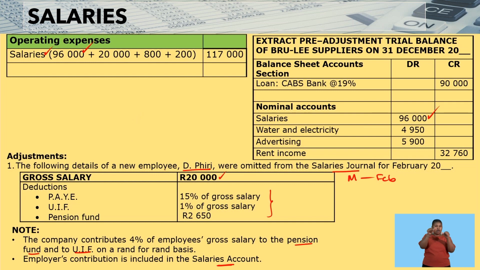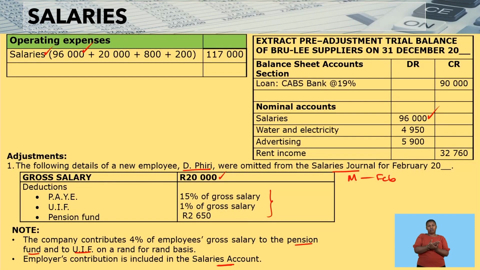Now I'm being told a new employee has details that were omitted from the salaries journal for February. So that means I need to add the details of this new employee. When I am recording in my statement of comprehensive income, I will record the gross salary. So I need to know how much is our cost for this particular employee.